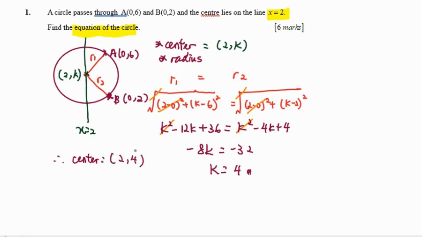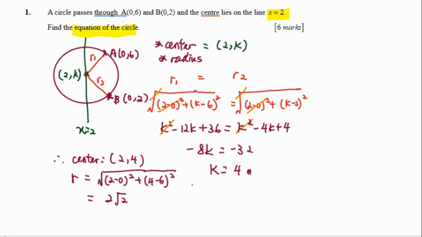Next, we are going to find our radius. We can choose either R1 or R2. For me, I'm using R1. So I will substitute the k value that I got, which is 4. From here, I get 2 square root 2.